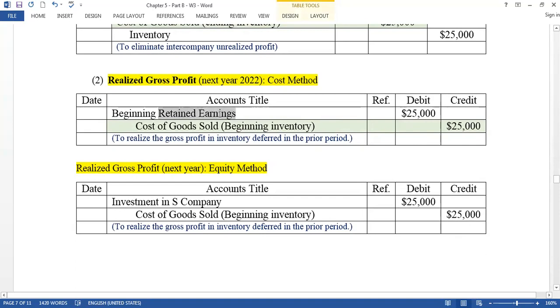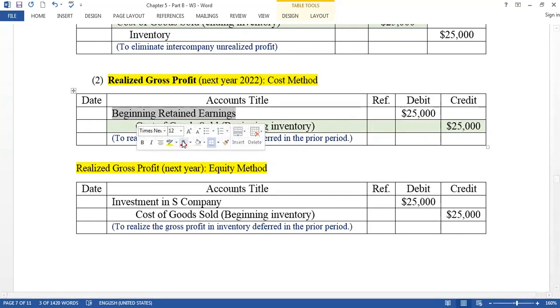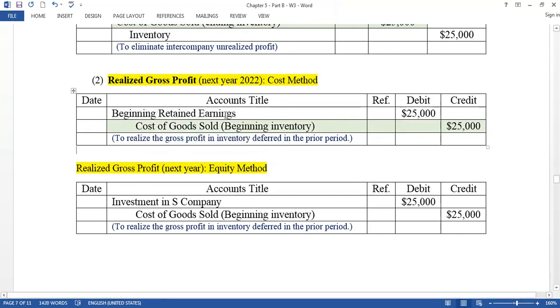You know that we transfer profit to our retained earnings, right? So here beginning inventory means this money ultimately goes to our ending inventory later on. So we are going to decrease our beginning inventory. It means that this money ultimately will add to our ending retained earnings.